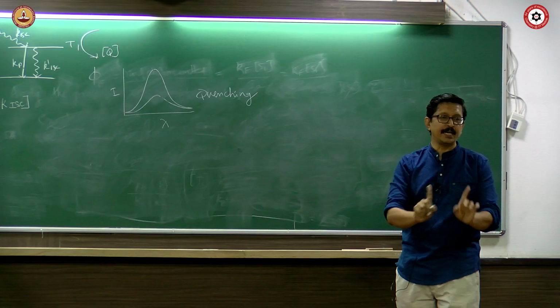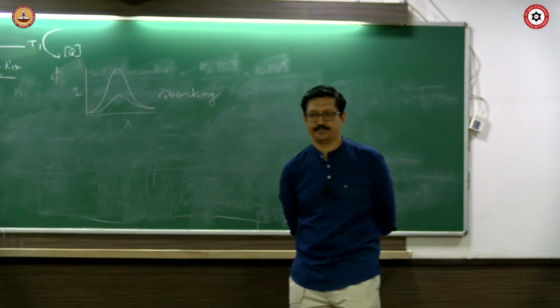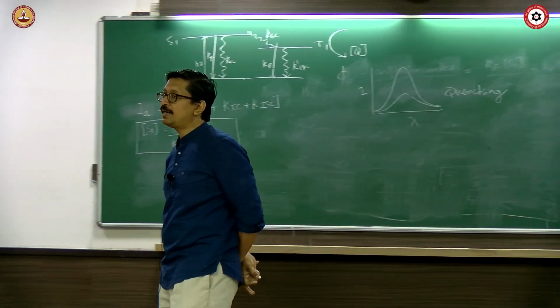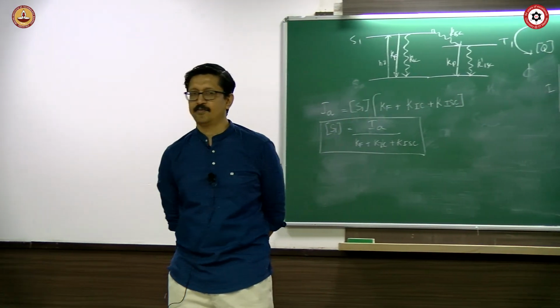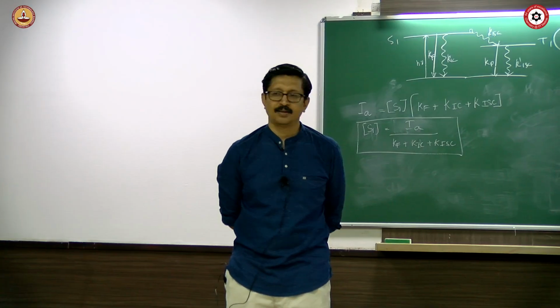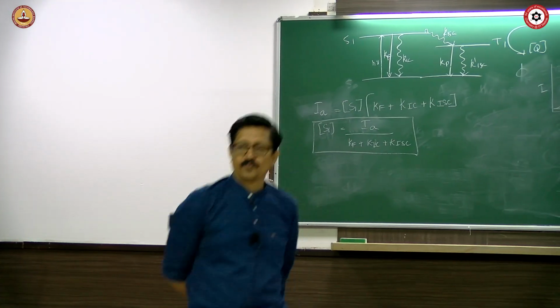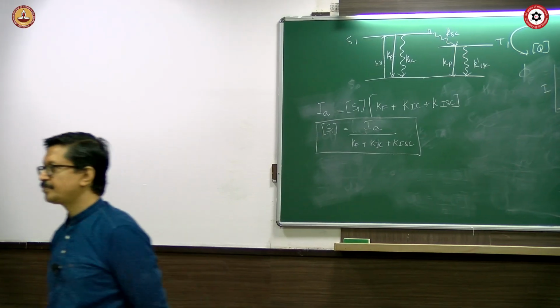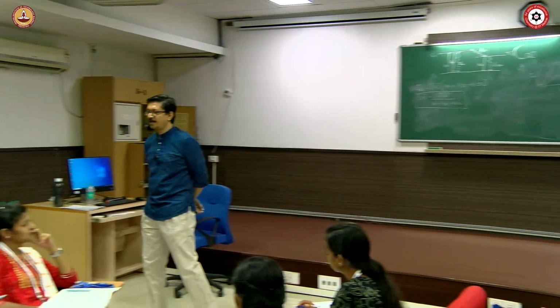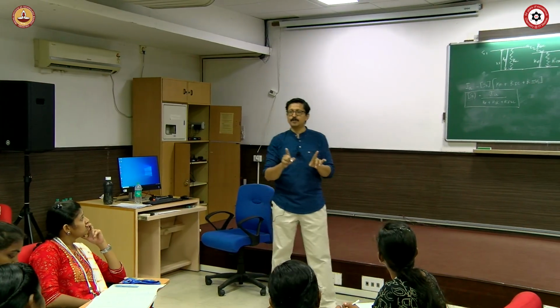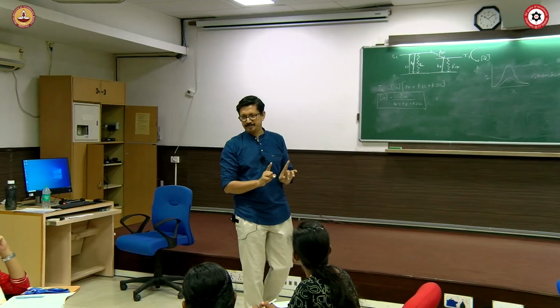How do you modify that chemical equation? One more term will come essentially. One more channel is opening. How do you incorporate it? Think about it. The question is clear: how to modify the steady state expression for T1 in the presence of a quencher.